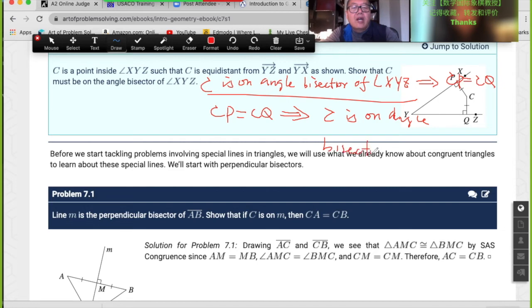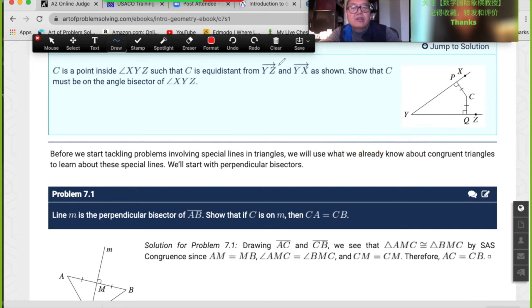They change the conclusion from the previous problem into the condition of this problem. Okay? So then, can you prove that?